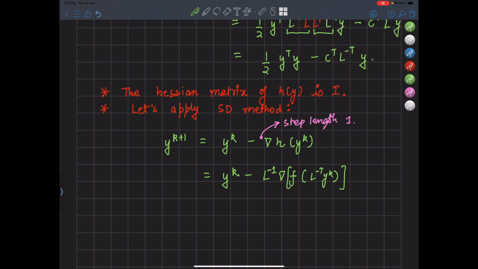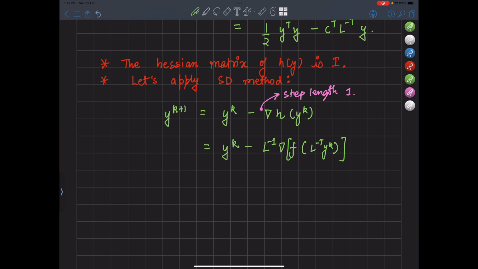All right, so this can be written like this, and if we multiply by L inverse transpose on both sides, L inverse transpose y(k+1) is equal to L inverse transpose y(k) minus L inverse transpose L inverse delta f of L inverse transpose y(k).